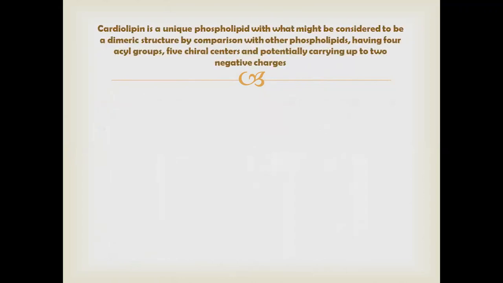Cardiolipin जो है it's a unique phospholipid, and we can say that it is a dimeric structure by comparison with other phospholipids. It's a unique phospholipid because it has a dimeric structure if we compare it with other phospholipids, having 4 acyl groups, 5 chiral centers and potentially carrying up to 2 negative charges.